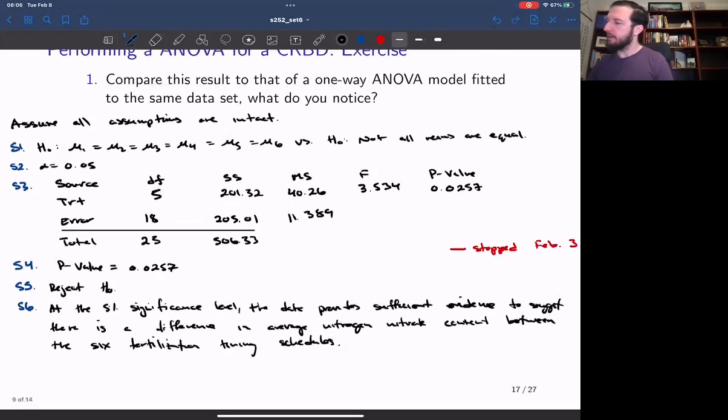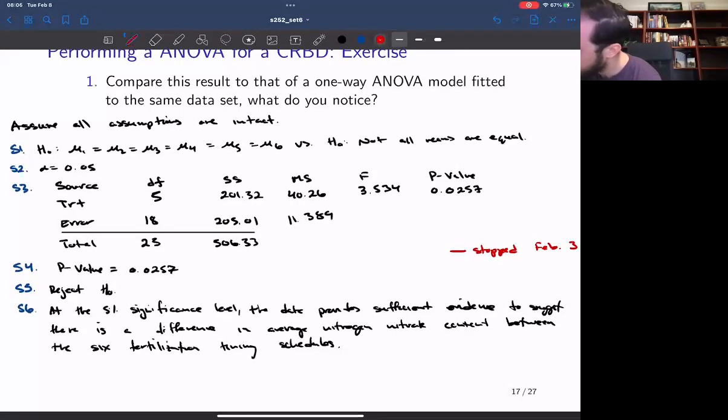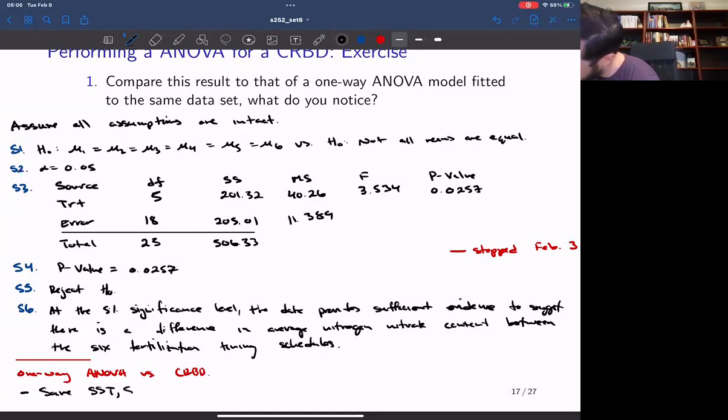All right, so again, the keys here, if we were to summarize: they have the same SST, SSTR, DFT, DFTR, and MSTR.